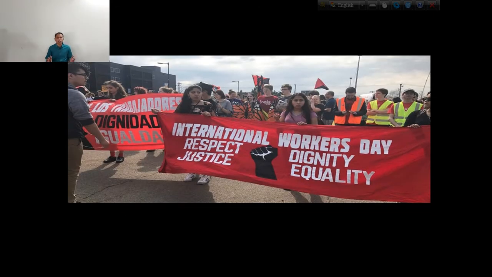Now, dear students, before starting our passage, I want to show you a picture. What do you see in the picture? Actually, this is the picture of a group of people who are revolting for their rights, for their respect, for their dignity, for their equality.